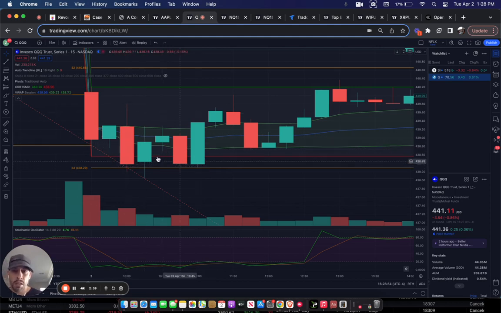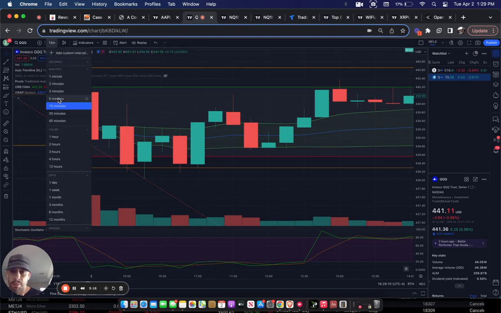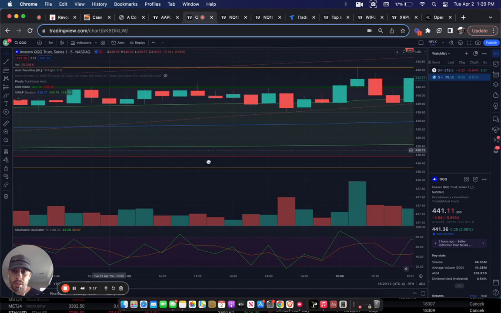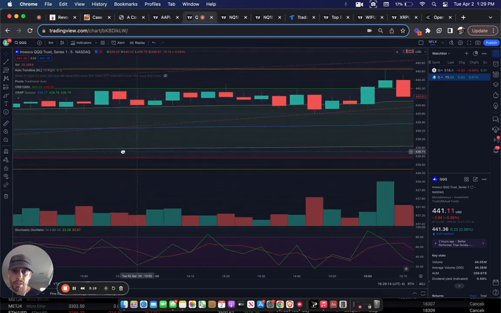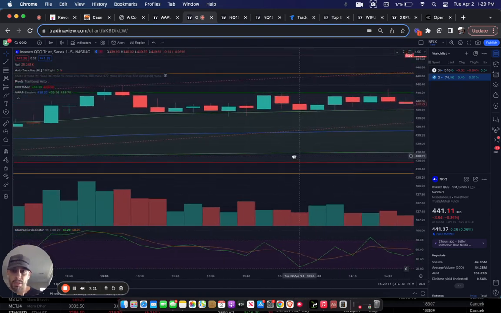Then we just bounced around, hit VWAP, and then we were playing in the bands. Then we came out, and right about here is when I started watching it. And what I noticed was, let me go to the 5 minute. Look at this. This is the 5 minute candle.